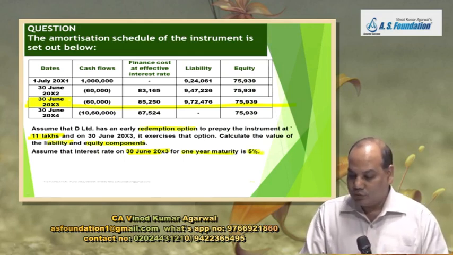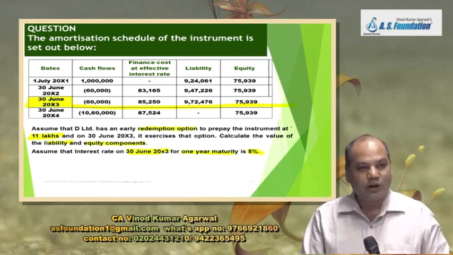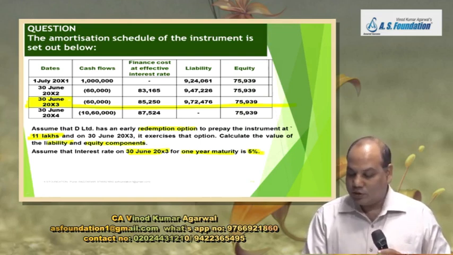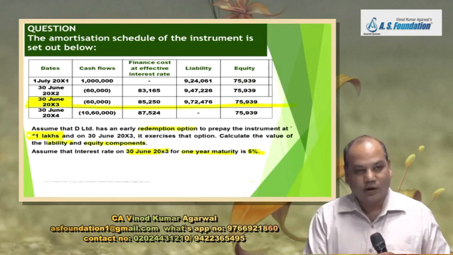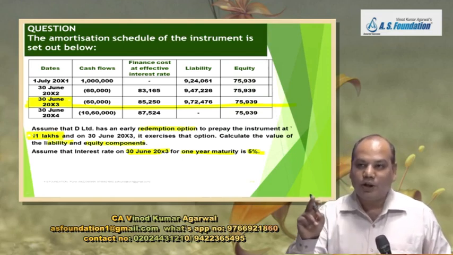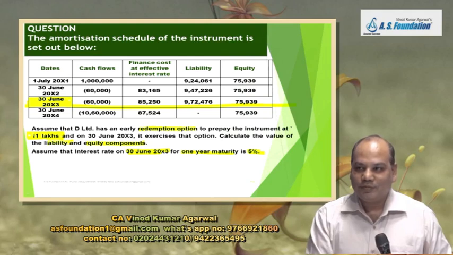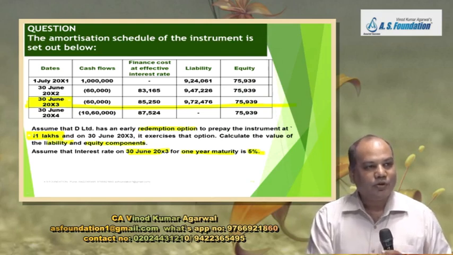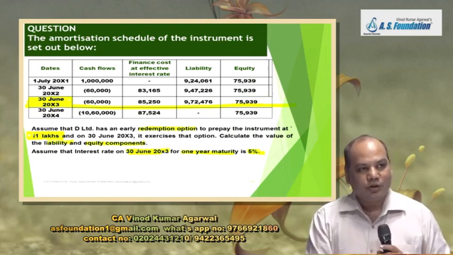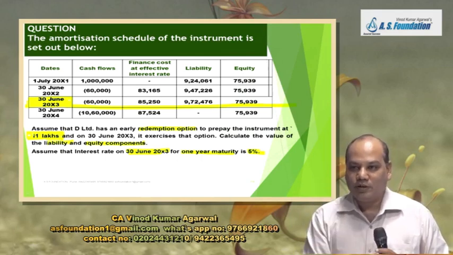So what you will have to do is again calculate how much out of 11 lakh will be allocated to liability and how much will be allocated to equity. So first find out the liability. How will you find out the liability?